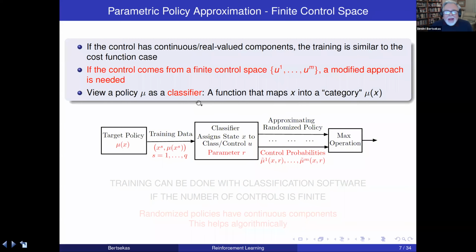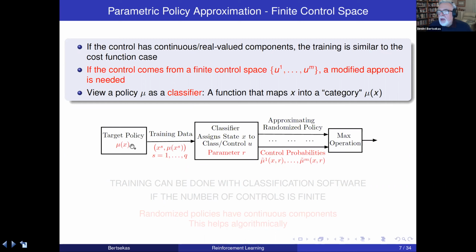And the way this will work is shown here in this picture. We have a target policy, mu, and we collect training data from it: state-control pairs, a collection of states, x1 up to xq, and the corresponding controls from the target policy.